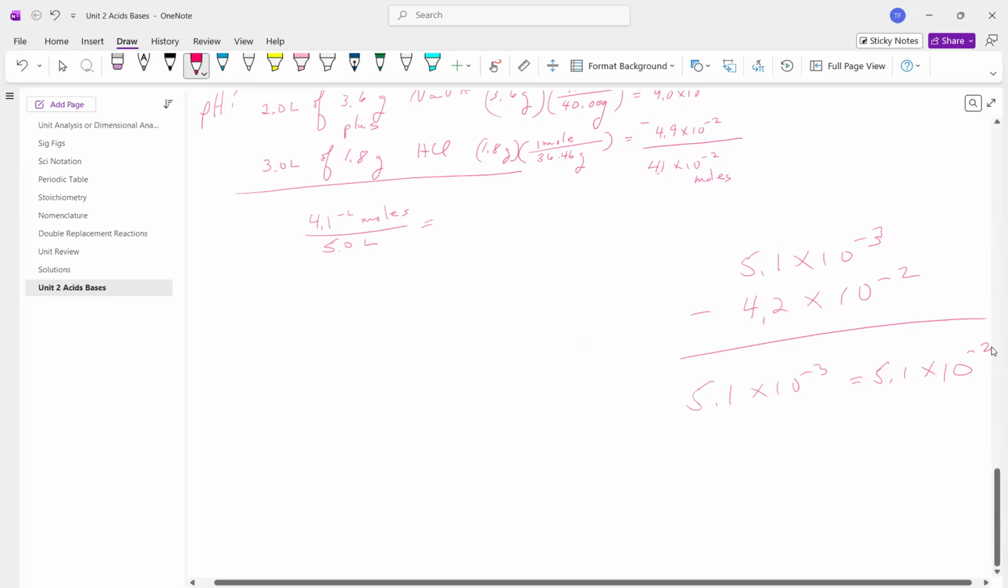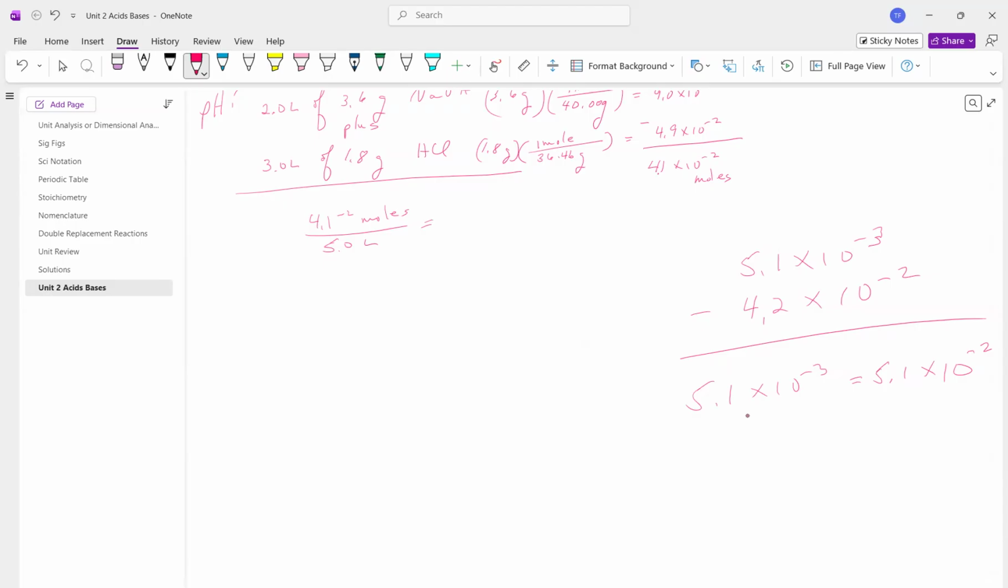Okay, does that work? No, does not work. If we change one, we gotta change the other in the opposite way. So when we go from -3 to -2, are we making the number bigger or smaller? Bigger.